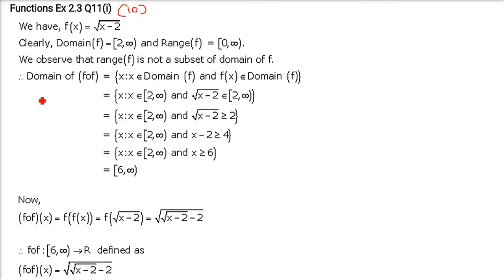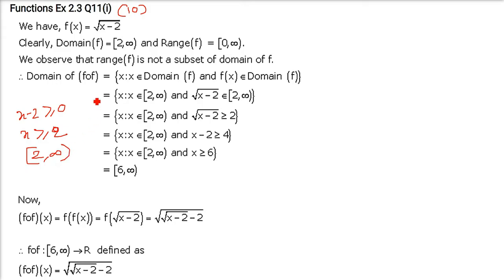First, let us start with the basic function f of x, which is under root x minus 2. So x minus 2 has to be greater than or equal to 0, that is x is greater than or equal to 2. So it should be either 2 or any value which is above 2.